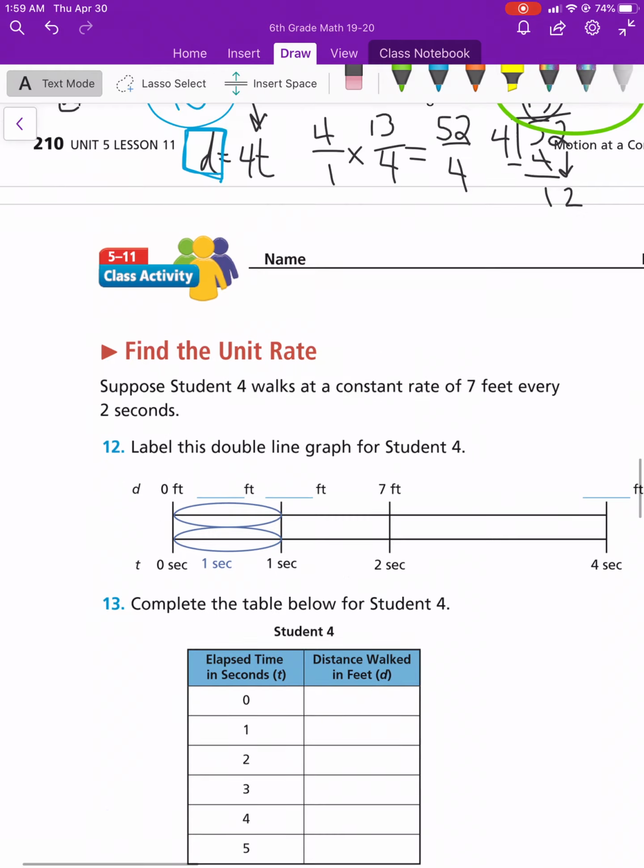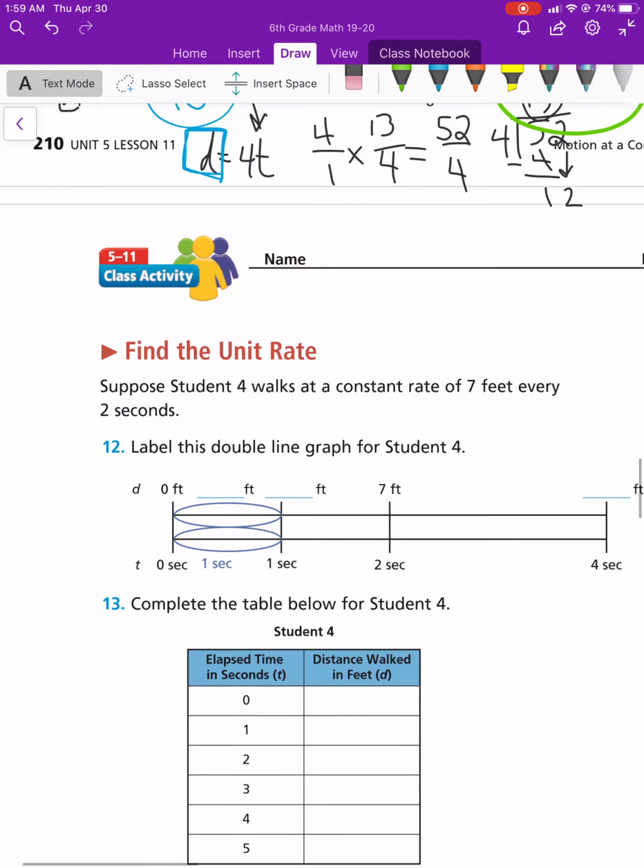So per second, I need to figure out what times 1 is this unknown amount here, right? I know that half of 2 is 1, and so that tells me that half of 7 is how I can solve for x. So I can do 1/2 times 7, which gives me 3.5.